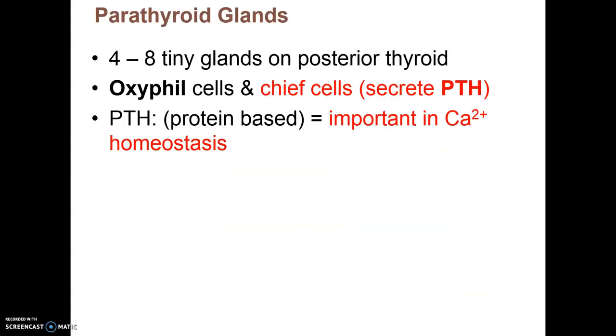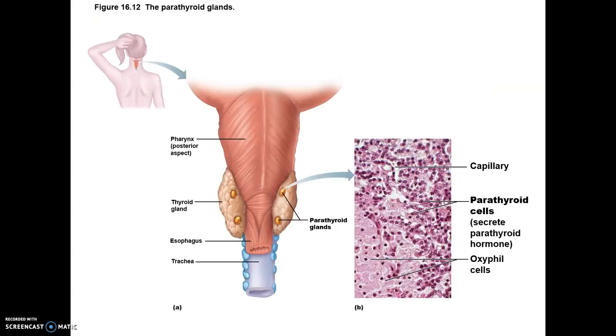Parathyroid glands. 4 to 8 tiny glands located on the posterior surface of the thyroid gland. These parathyroid glands have oxyphil cells and chief cells. Those cells release parathyroid hormone. Parathyroid hormone is important to maintain the level of calcium in the blood.